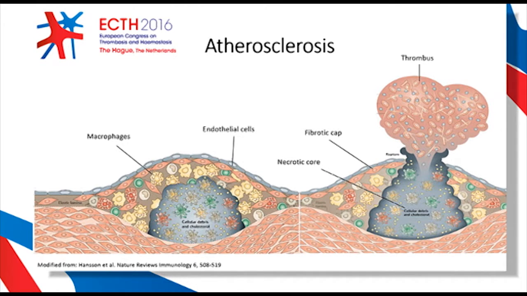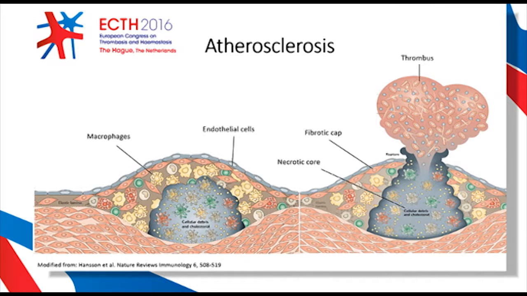And at a more advanced stage, these plaques can become more vulnerable to rupturing. And in this, the main determinants are the size of the procoagulant necrotic core and also the thickness of the fibrotic cap on top of the atherosclerotic plaque. And when a plaque ruptures, it can induce an atherothrombotic event, such as a myocardial infarction or a stroke.